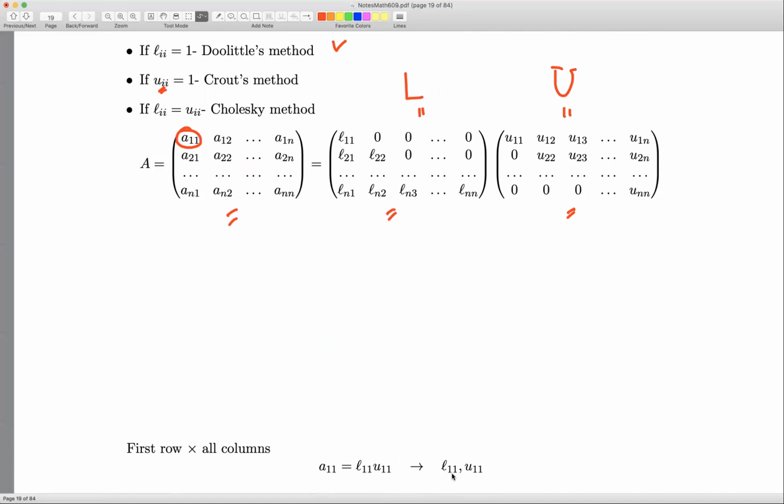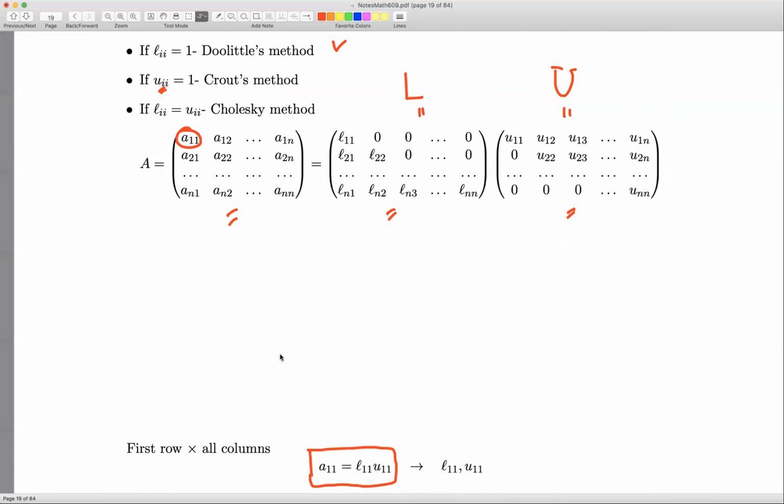So from here we compute L11 and U11. We have two unknowns, L11 and U11, but only one equation for them, and therefore they are not uniquely determined.